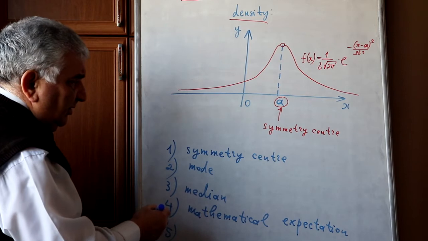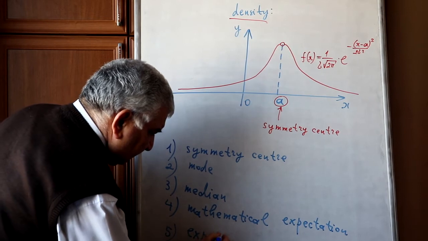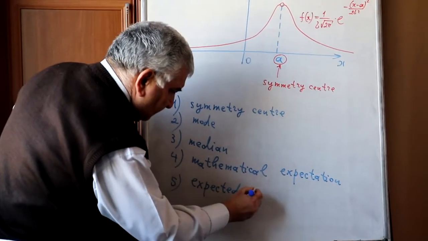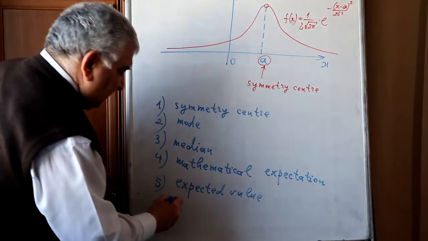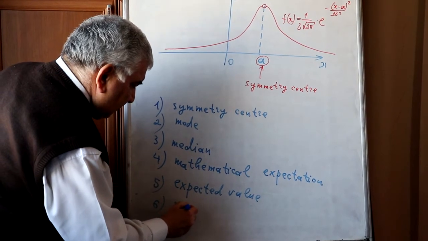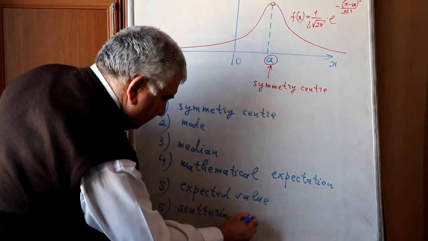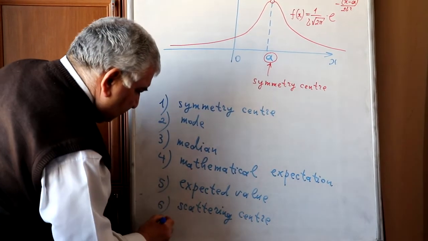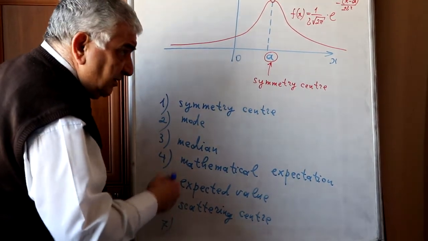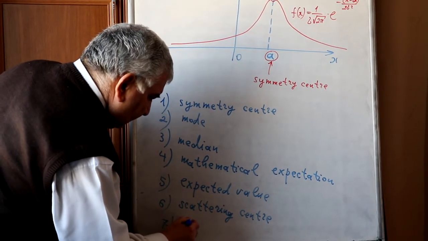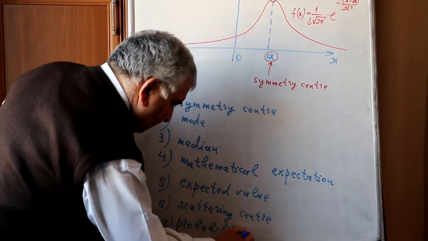It is also the expected value, also it is the scattering center. And finally, it is also the probability distribution center.